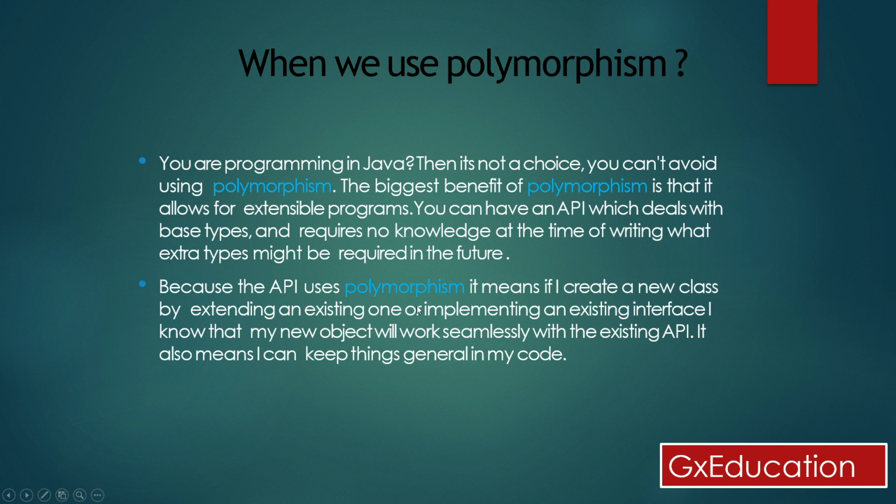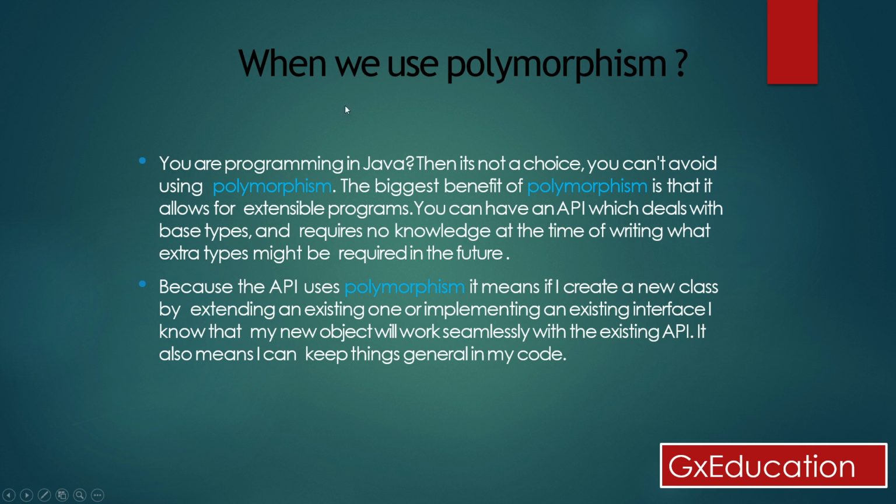Because the API uses polymorphism, if I create a new class by extending an existing one or implementing an existing interface, I know that my new object will work seamlessly with an existing API. It also means I can keep things generic in my code.